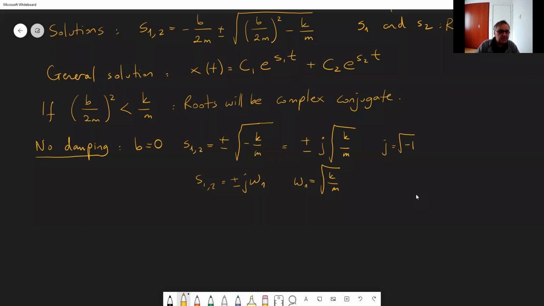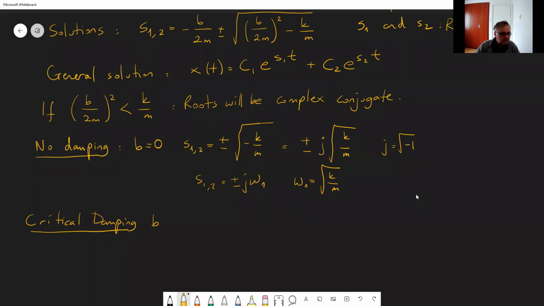Let's define something. We will define the so-called critical damping. This is the case when the thing inside the square root is going to be 0.